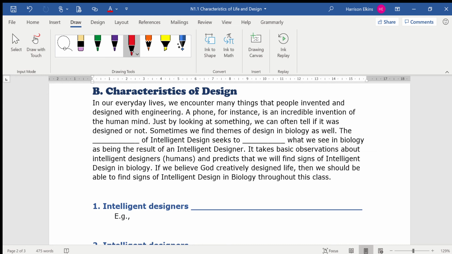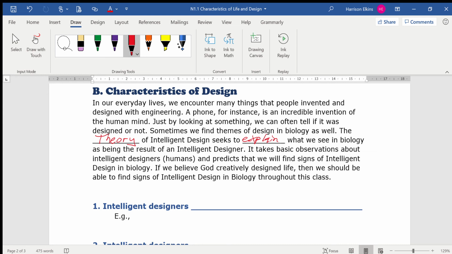Sometimes we also see these themes of design in biology as well. There's a certain theory called the theory of intelligent design, and basically that tries to explain everything that we see in biology as being a result of an intelligent designer. If we can figure out what makes it obvious that things were designed, we can look at biology and think, can we tell if somebody created this?